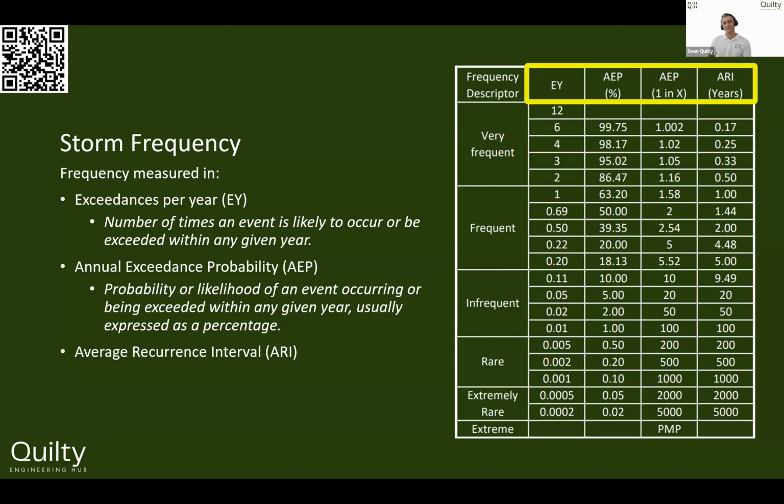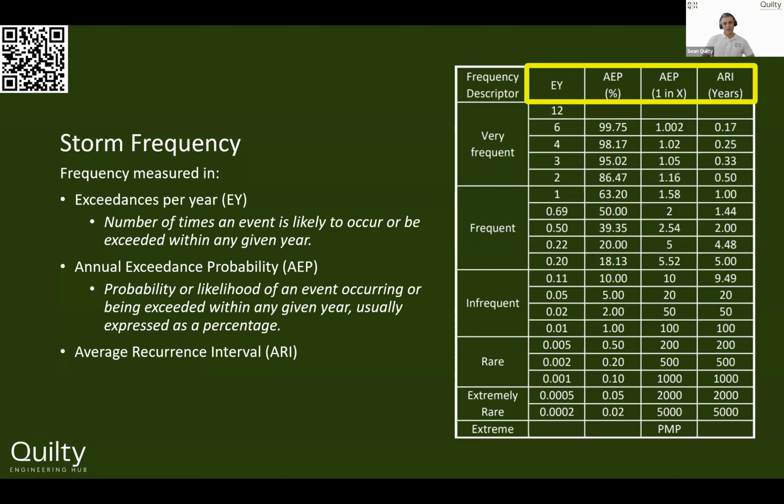What that means is, if we had a 1% AEP, that storm has a 1% chance of occurring in any given year. So it relates back to a Q100 design, I suppose, but a 1% AEP storm could happen this year, and there's a 1% chance on average that it might happen this year.